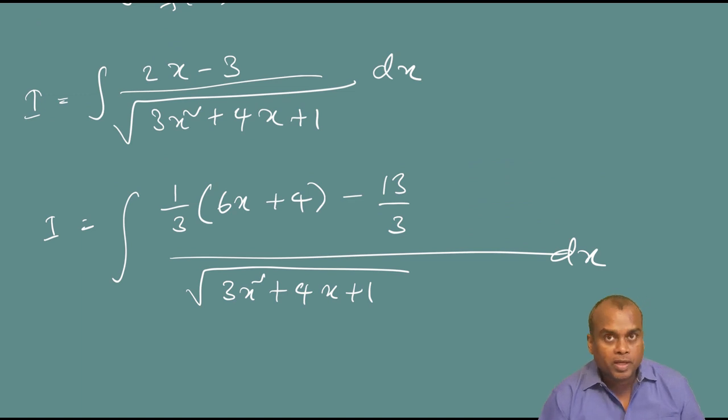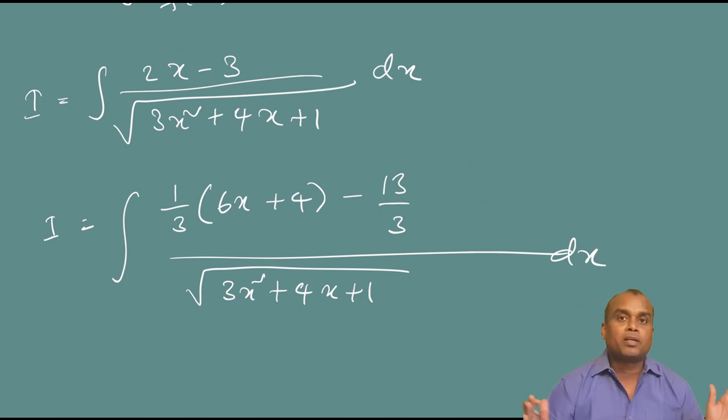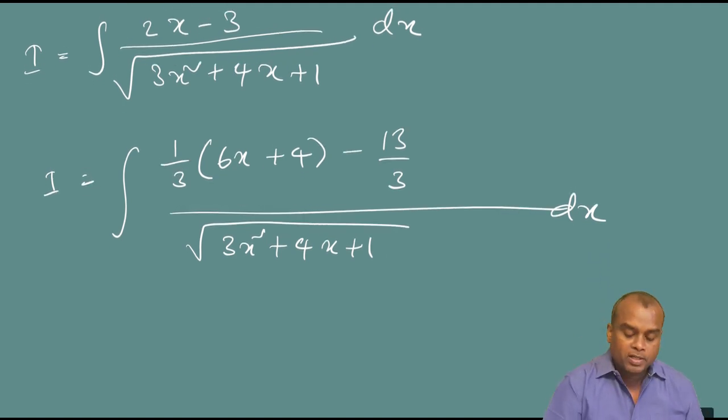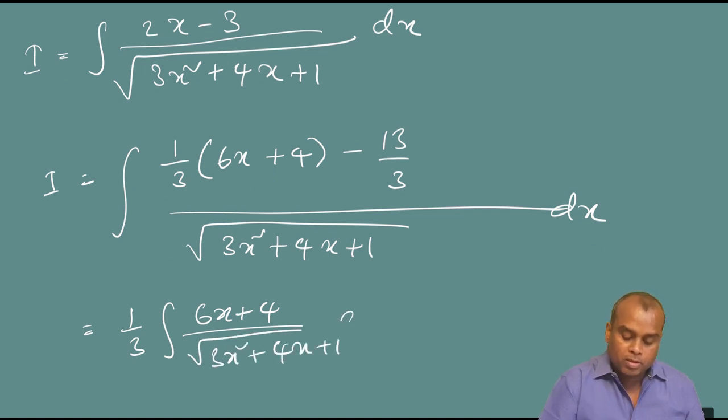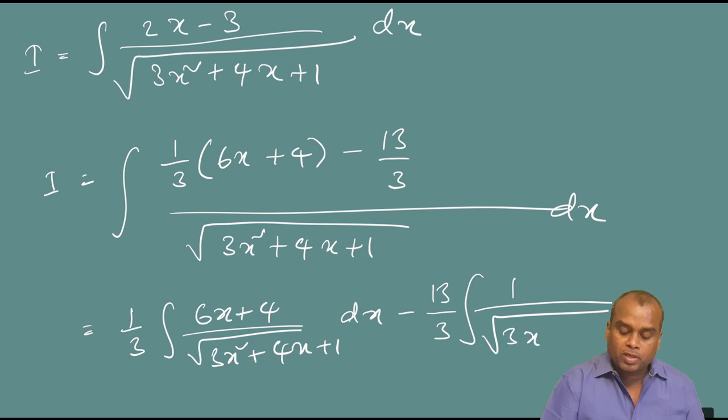And now the way I have written earlier, I am going to write separate denominators, one for this, one for this. So when I write separate denominators, I am going to have it as 1 by 3 into the integral of 6x plus 4 by square root of 3x square plus 4x plus 1 dx, minus 13 by 3 into the integral of 1 by square root of 3x square plus 4x plus 1 dx.